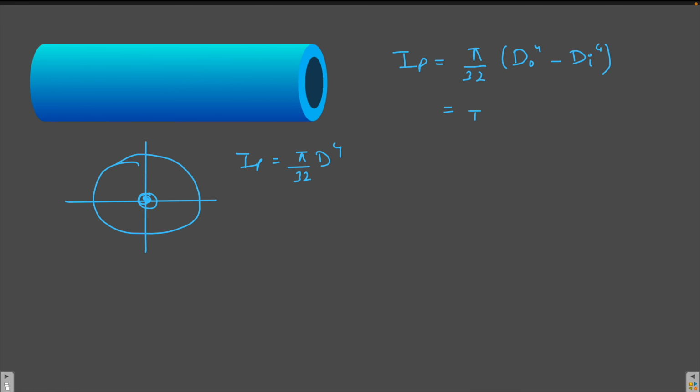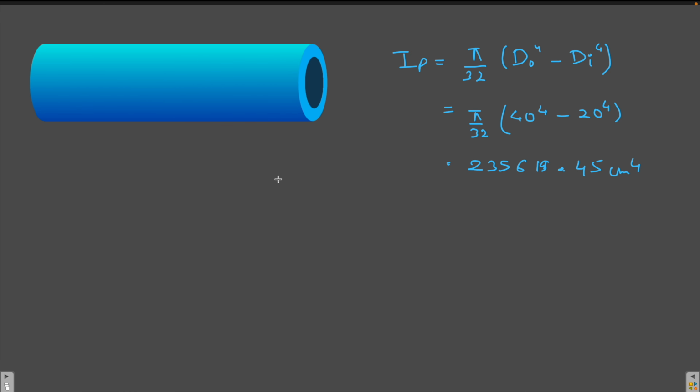So it will be pi by 32 times 40 centimeter to the power 4 minus 20 centimeter to the power 4, and if you solve this it comes out to be 235,619.45 centimeter to the power 4.